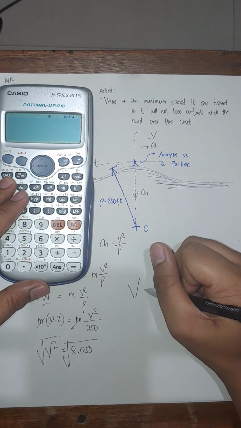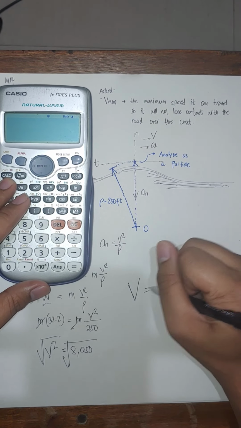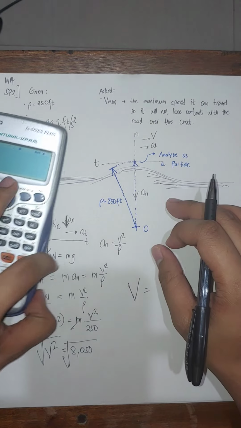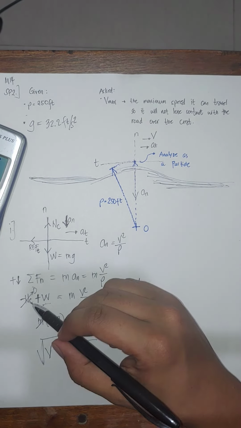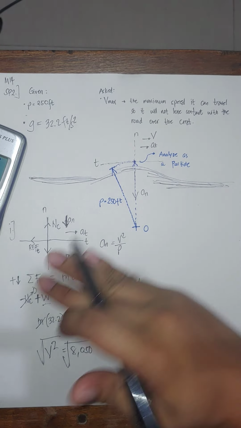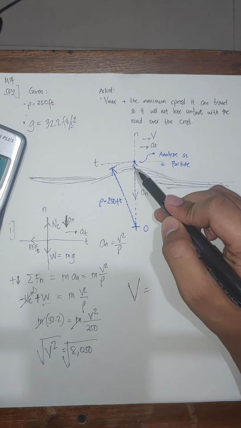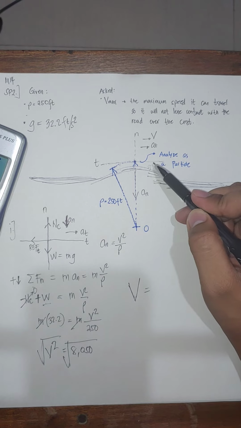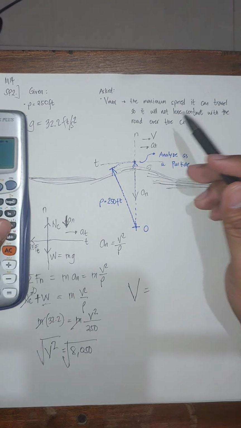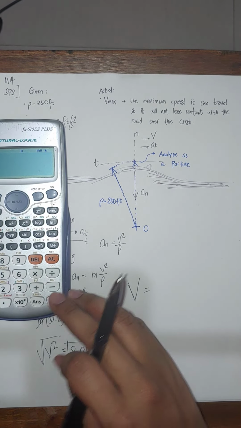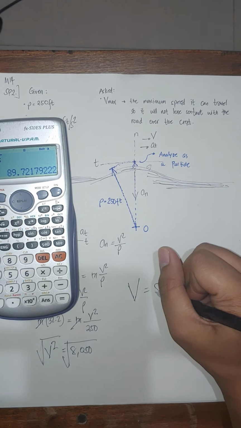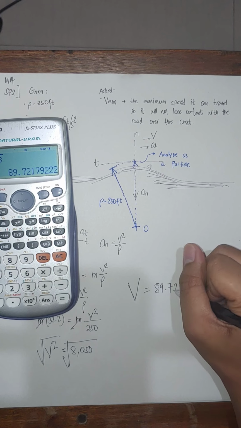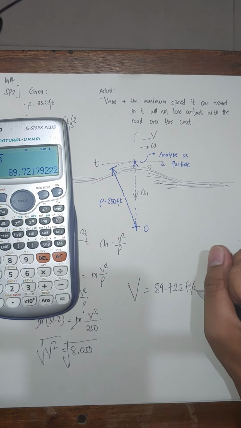So our maximum velocity, just enough that the car does not lose contact, is the maximum velocity where the normal force is zero, because it is just enough that when it arrives here it seems to float but does not leave the surface. So the maximum velocity is the square root of 8,050, which is equal to 89.722 feet per second.